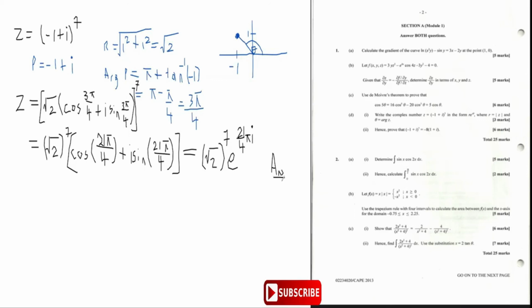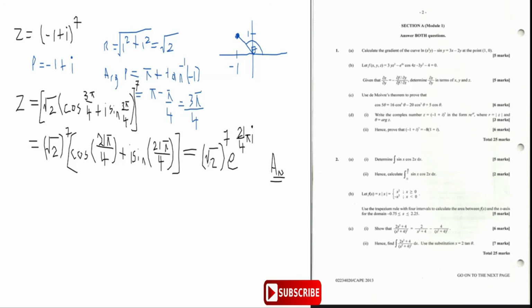Now let's look at part 2. Part 2 says, hence, prove that minus 1 plus I raised to the 7th power is equal to minus 8 into 1 plus I. So, using this, prove that this is equal to minus 8 into 1 plus I. There are many steps I'm thinking of that we can use to prove that.